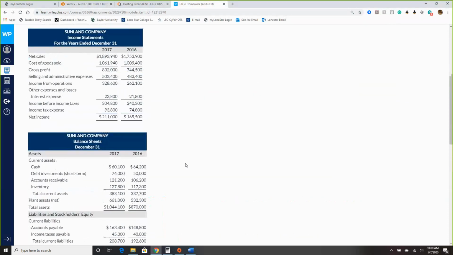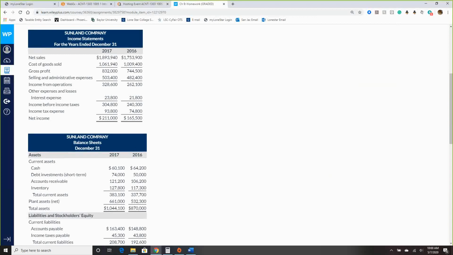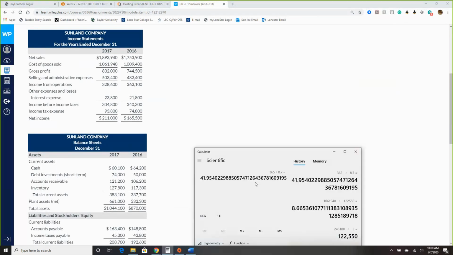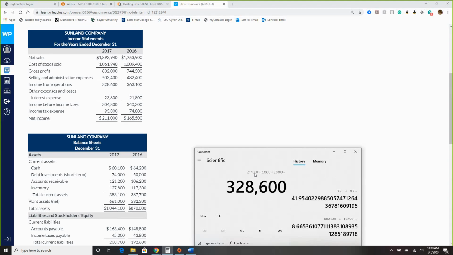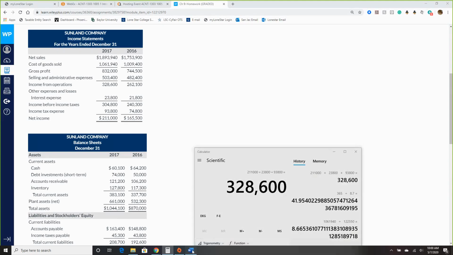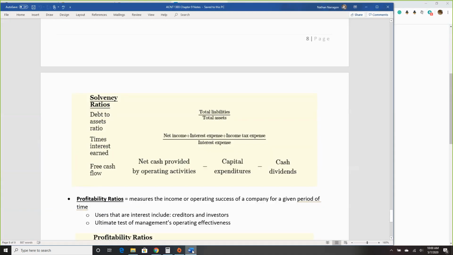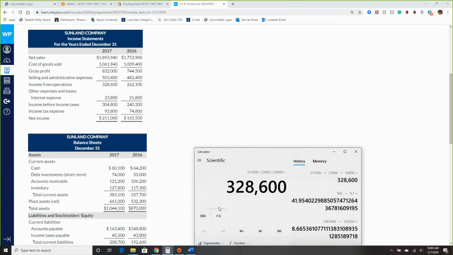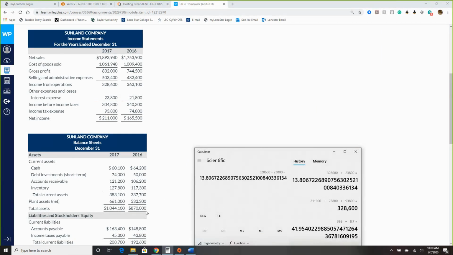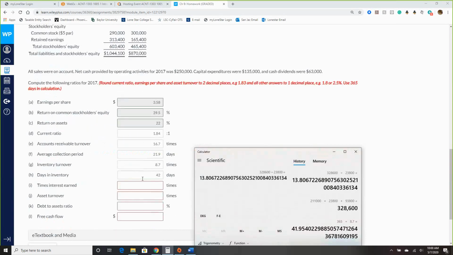So net income 211, plus interest expense, plus income tax. I'll make sure. Yep. Divided by interest expense. 13.8.